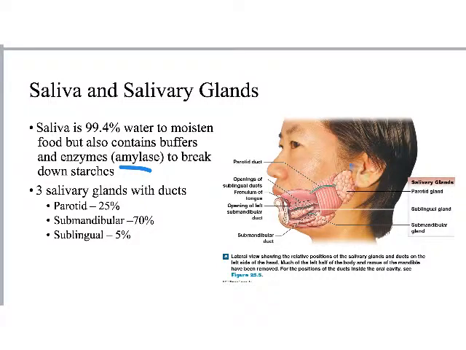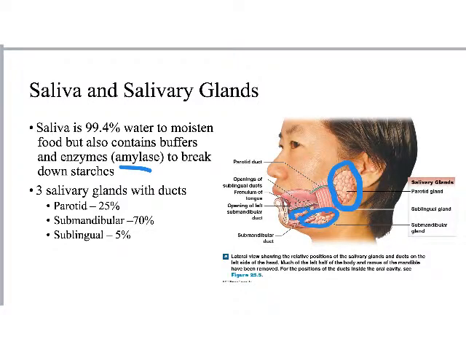The parotid, which just overlies the ramus of the mandible, just anterior to your ear. Then there is the submandibular gland, which is kind of under the angle of your jaw, the angle of the mandible, a little bit anterior and underneath. And then you have sublingual, which are underneath the tongue.